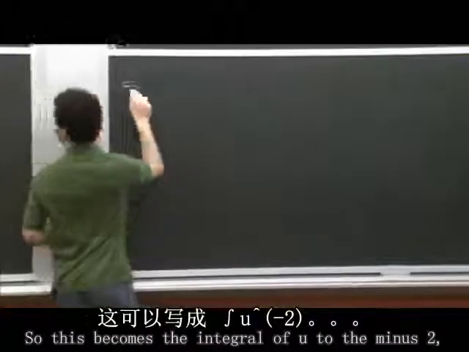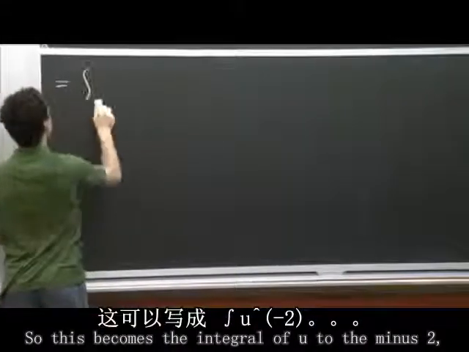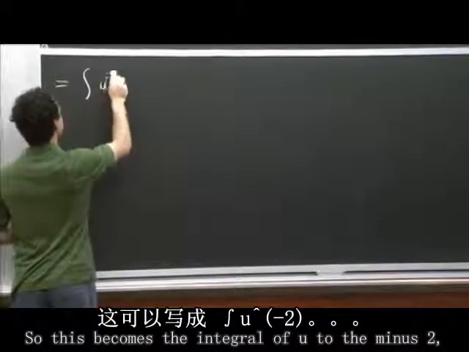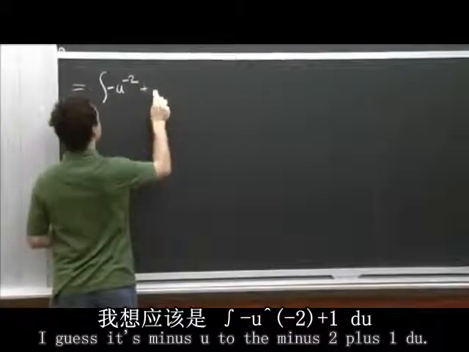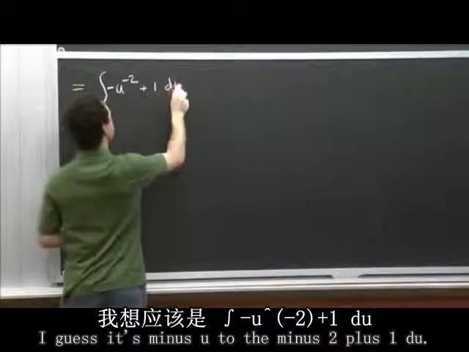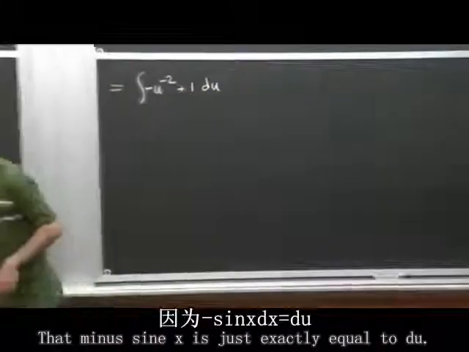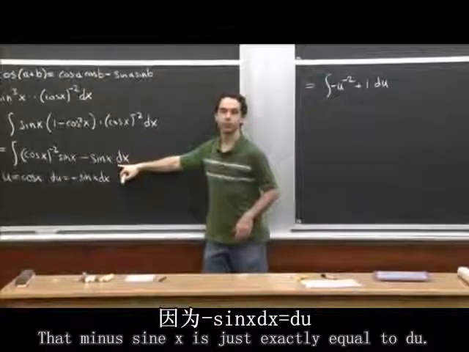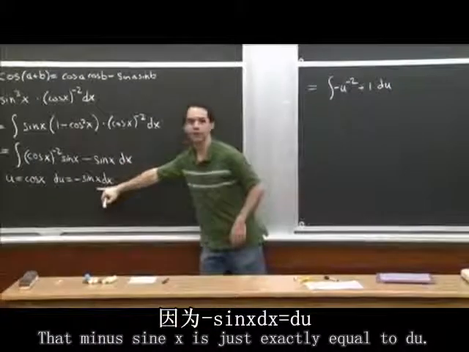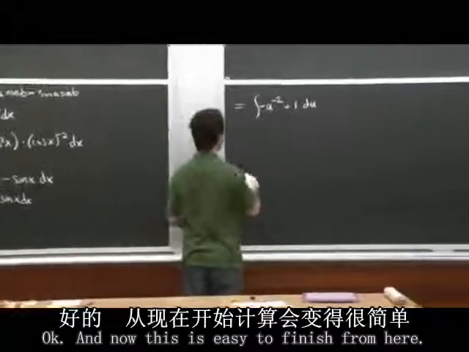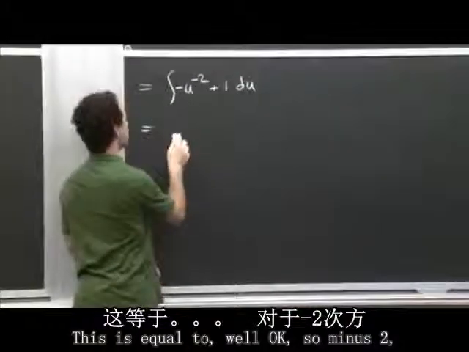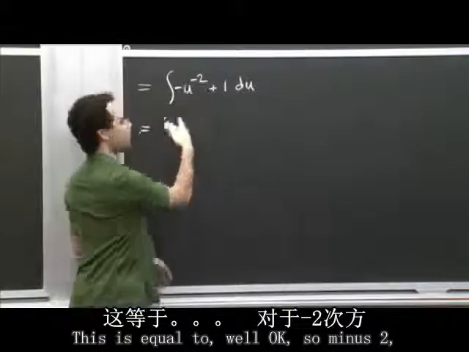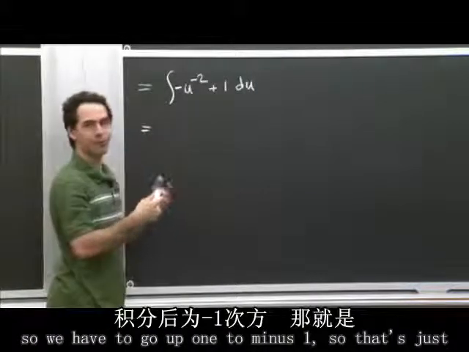So this becomes the integral of u to the minus 2, I guess it's minus u to the minus 2, plus 1 du. That minus sine x dx is just exactly equal to du. OK, and now this is easy to finish from here. This is equal to, well, OK, so minus 2, so we have to go up 1 to minus 1.